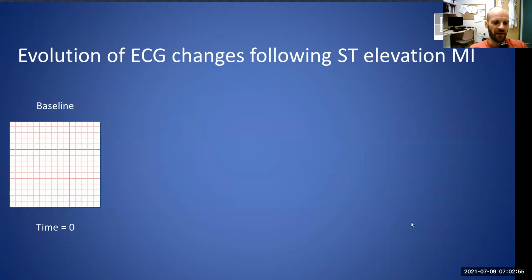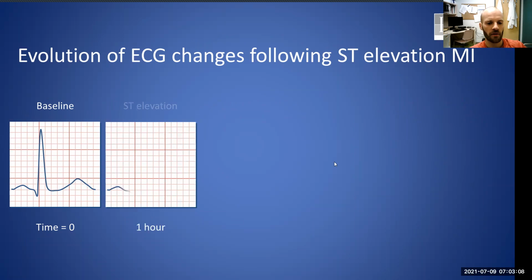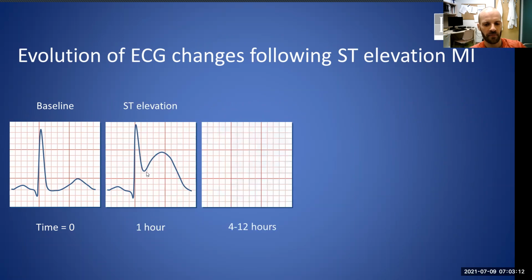When we look at a full thickness myocardial infarction, where you've got a complete coronary occlusion, we get a characteristic pattern of changes. We start out with a normal looking QRS complex. After about an hour or so, we get ST segment elevation. At the 4 to 12 hour point, we start developing a large pathological Q wave.